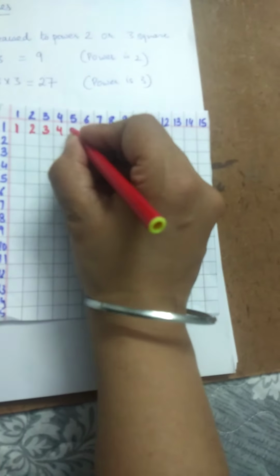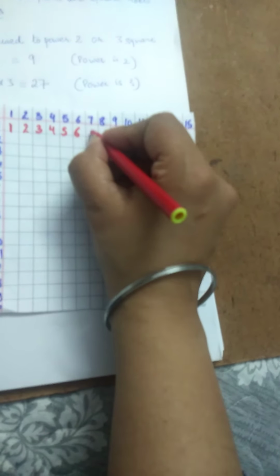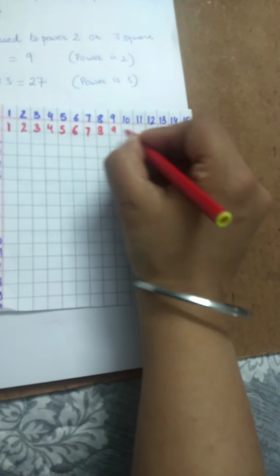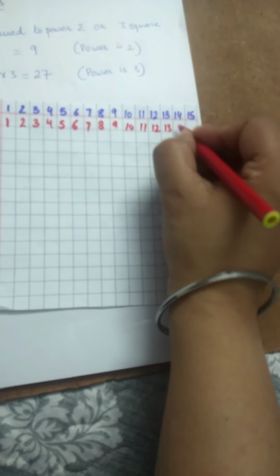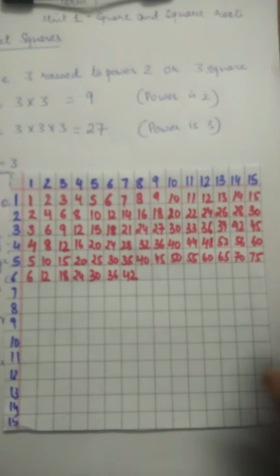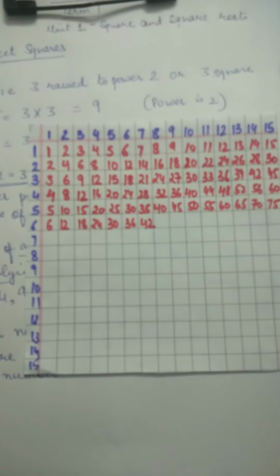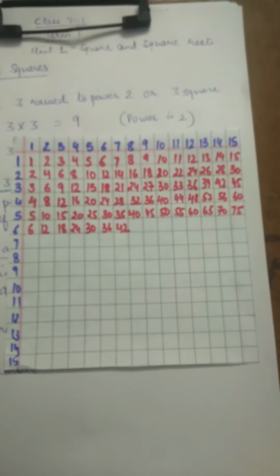So 1 into 5, 5, 6, 7, 8, 9, 10, 11, 12, 13, 14, 15. All right. So we are going to complete this grid in this way. The remaining grid you will be completing yourself.